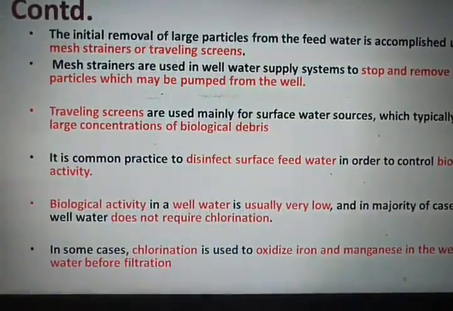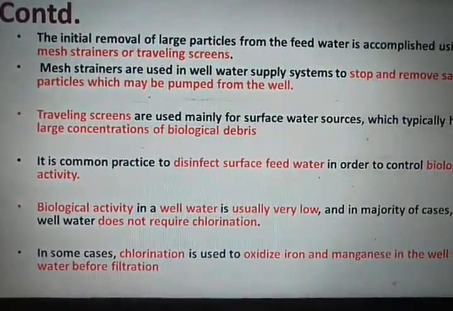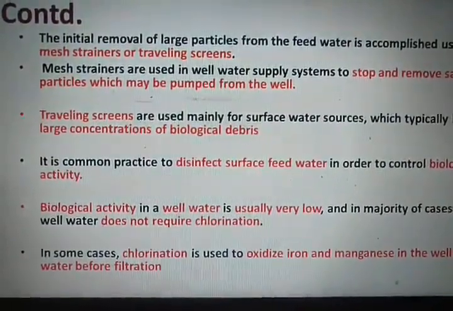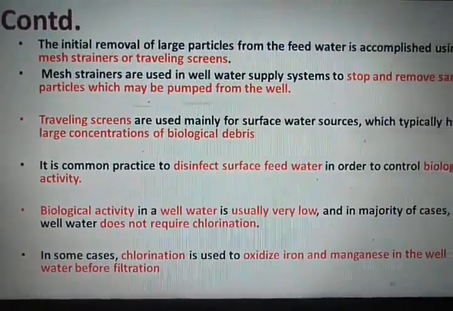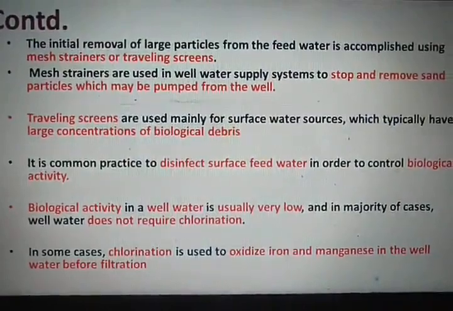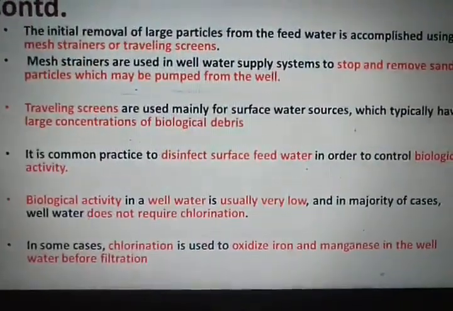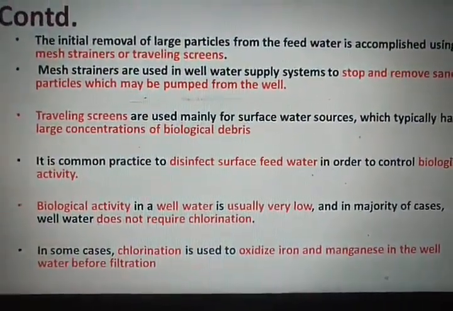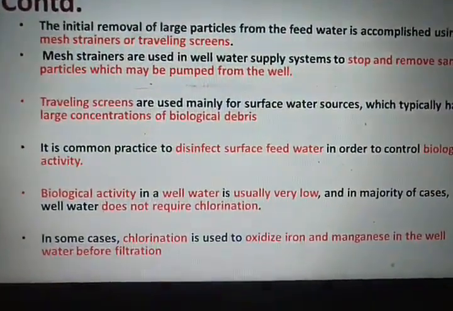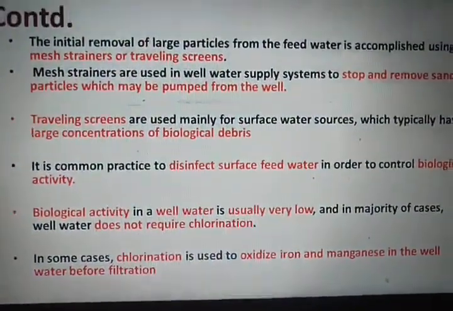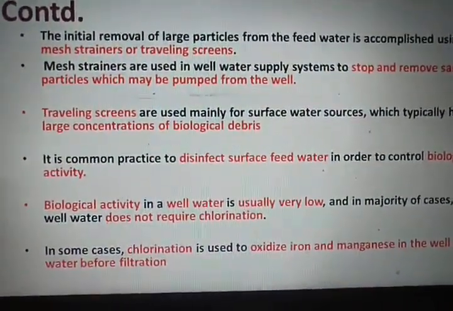Okay, so depending upon what kind of water we are using as a feed to the RO systems, basically if you talk about water treatment, we can use groundwater or surface water as feed water. So based on the type of water, we can select any one method to treat the water.